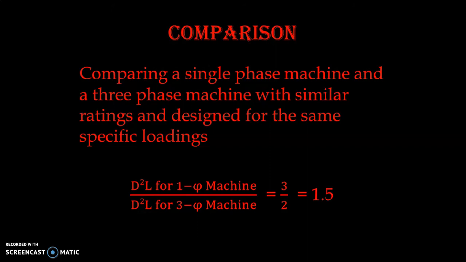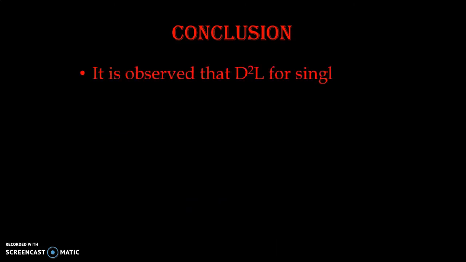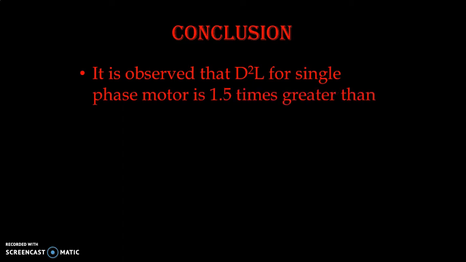So now we need to conclude. We take a conclusion from the ratio. It is observed that D square L for single phase motor is 1.5 times greater than that of the three phase machine. So the size of single phase induction motor is 1.5 times greater compared to that of three phase induction motor when we have a similar output rating and similar specific loadings. We have another conclusion also.